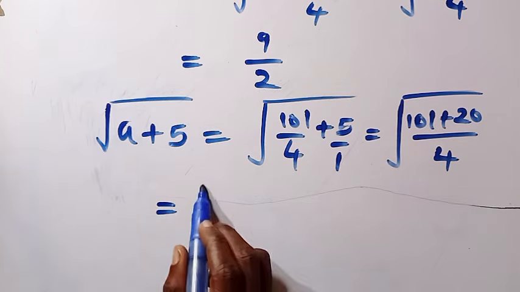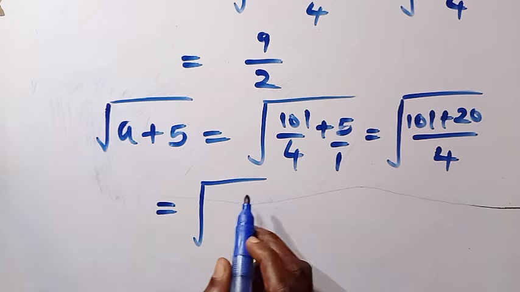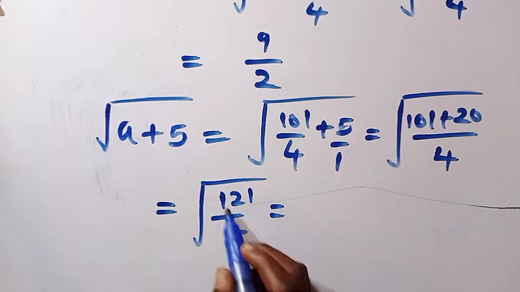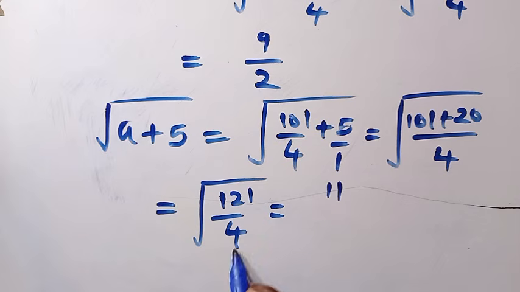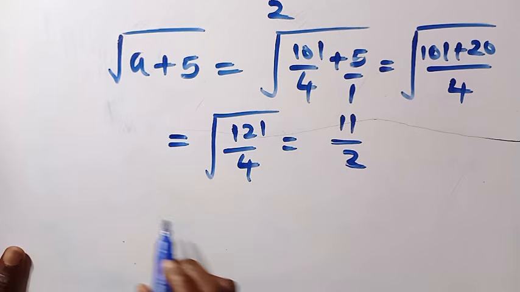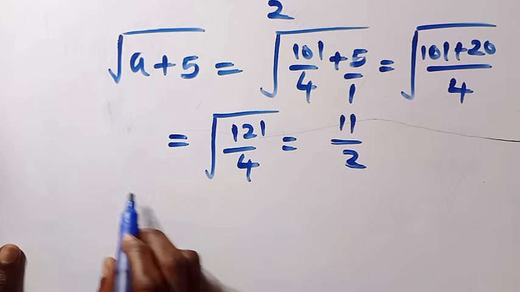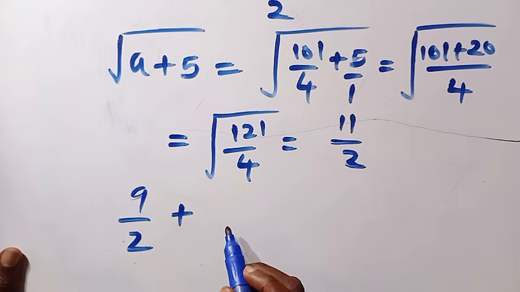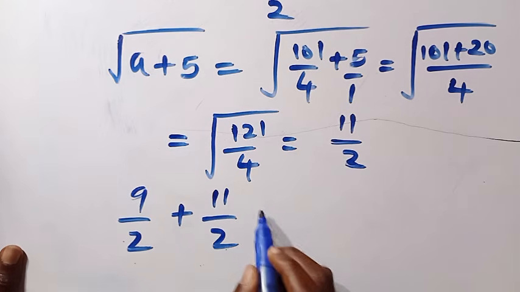So we have the square root of 101 plus 20 is 121 over 4. And by taking the square root of 121, that gives us 11. Square root of 4 gives us 2. So we have to add the two together. So since the square root of a minus 5 gives us 9 over 2, then plus the square root of a plus 5 gives us 11 over 2.